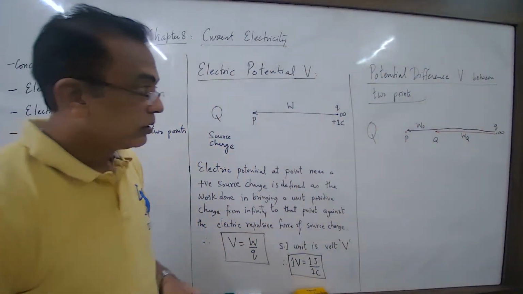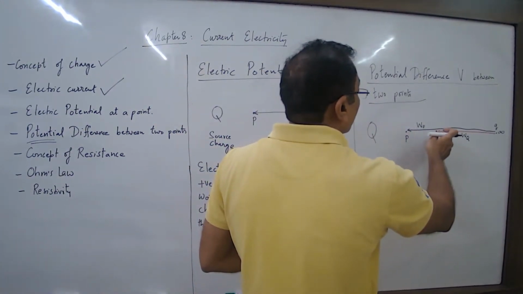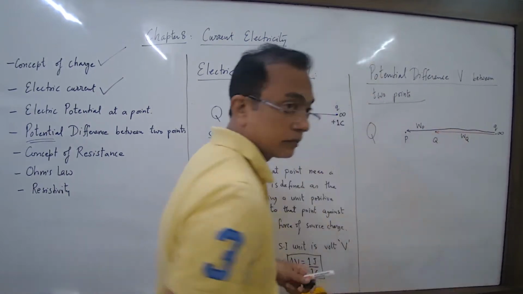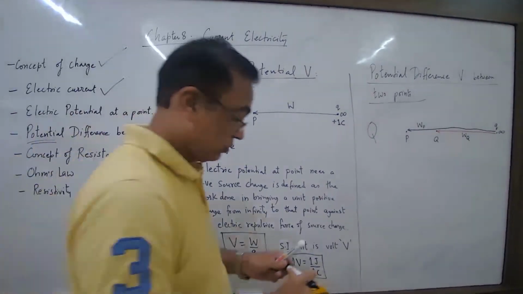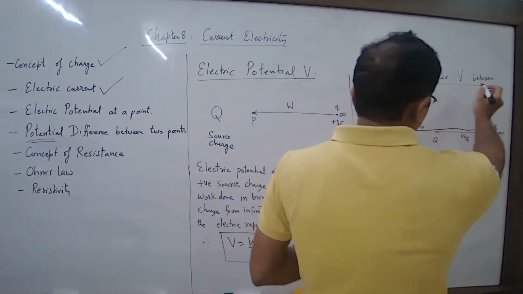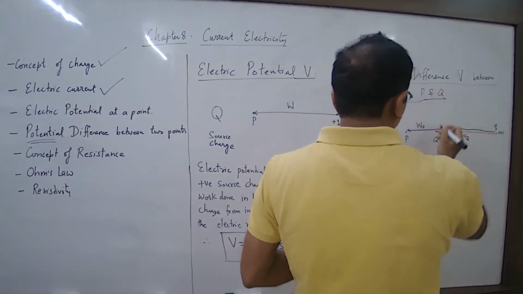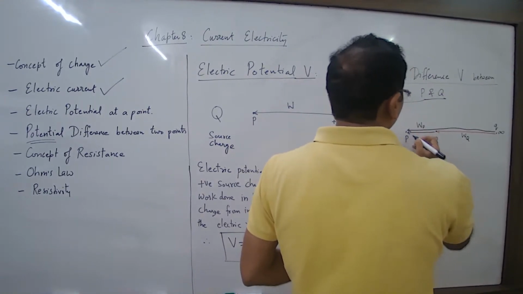Okay? So the excess work done in bringing the charge from Q to P will be WP minus WQ. Correct? So what is this work done? The potential difference between the 2 points P and Q is nothing but the work done in bringing the charge from Q to P.